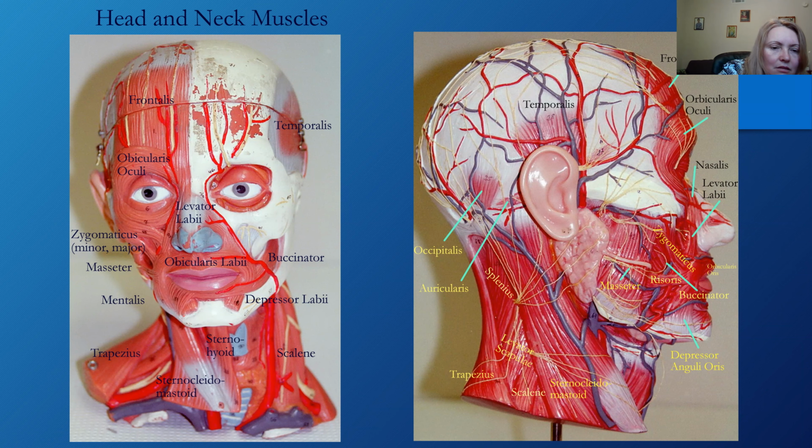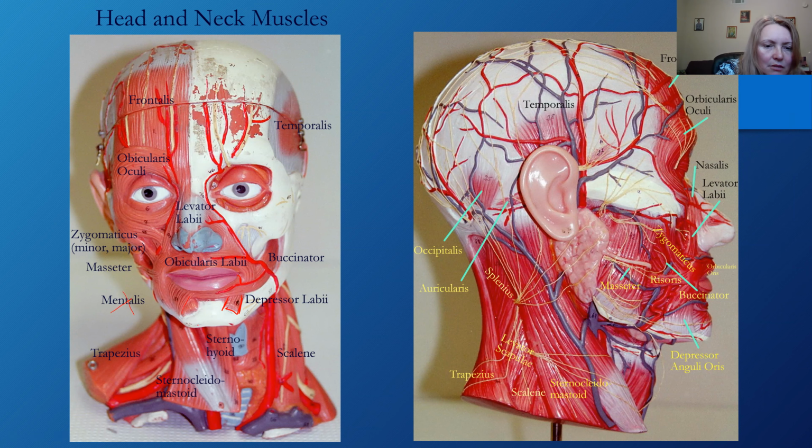Okay. So is this, no, that's not mentalis. Oh, this is depressor labii. So that depresses your lip. And no, this is not mentalis.